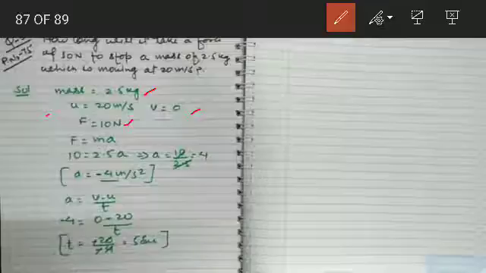Force is 10 newtons. Applying the formula of force, F equals m into a. Acceleration is minus 4 meter per second square because this is actually retardation. Now we will calculate the time by using the formula of acceleration, that is a equals v minus u upon t. Time will be 5 seconds.